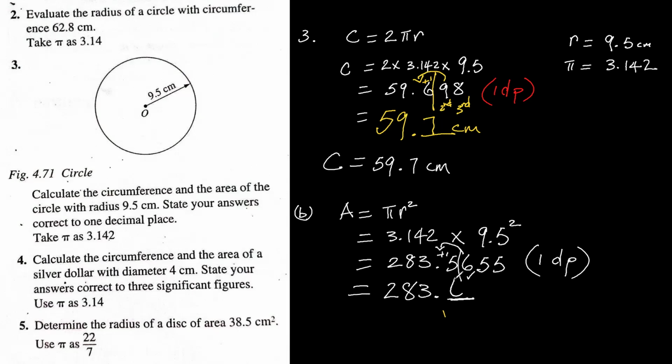So this now is 283.6 centimeters. That's the area, and it's centimeters squared. Once you are finding the area, you must give your answer in square. Your answer is centimeters squared. All right?